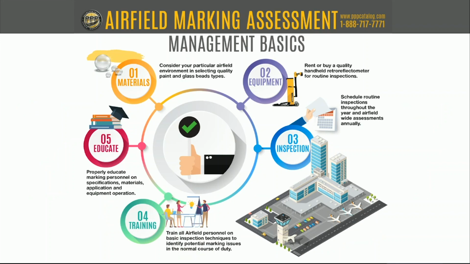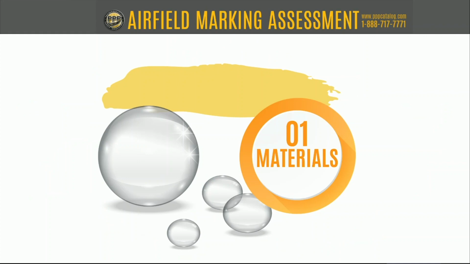Great, I would agree. Let me advance that slide. Right now we're talking about the materials section, and I would agree completely on both of those. You really need to do your homework and make sure you're selecting the right materials, because having the right materials is the basis of creating a good, safe, long-lasting, and ultimately economical line.